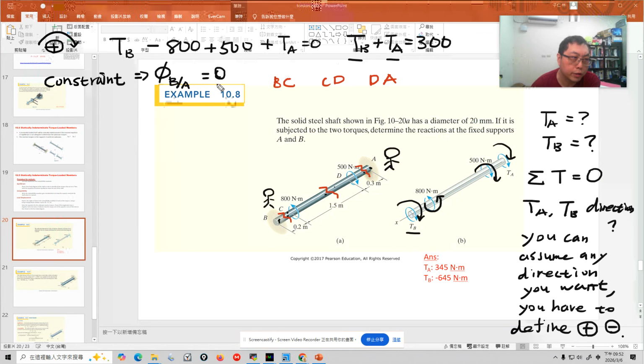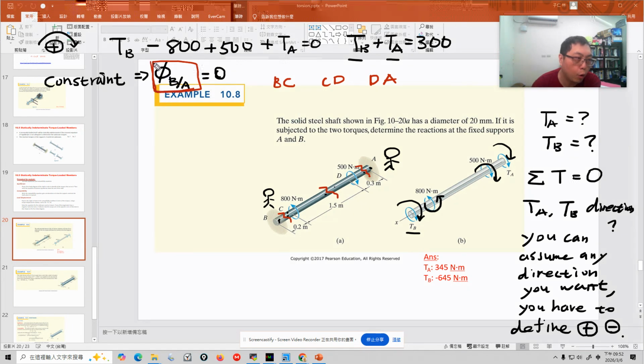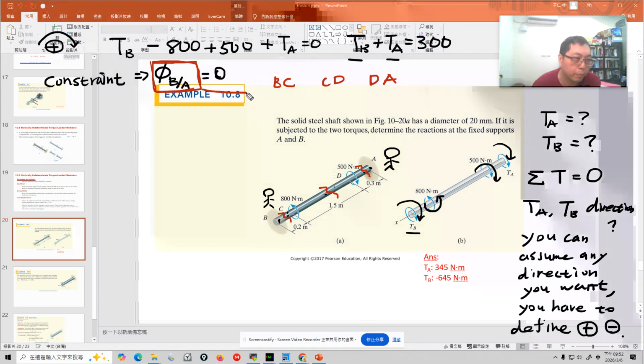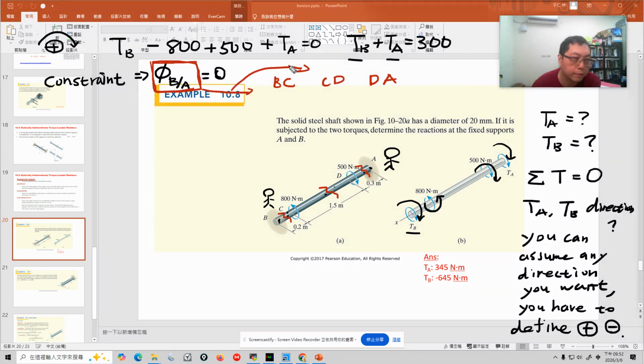The overall angle of twist must be zero. But since we have these three sections, the angle of twist of the whole system can be decomposed into these three parts.